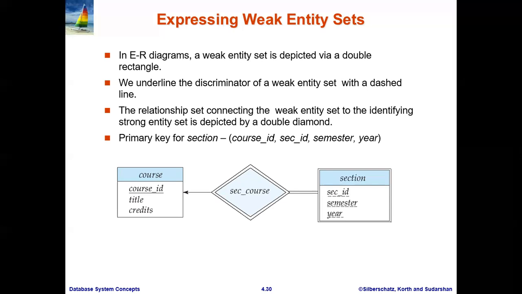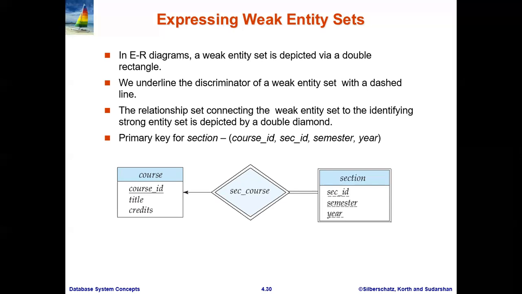The primary key of the strong entity set acts as the primary key of the weak entity set along with the discriminators. So the primary key for section is course_ID, section_ID, semester, year, by which we can identify the section as a weak entity set.